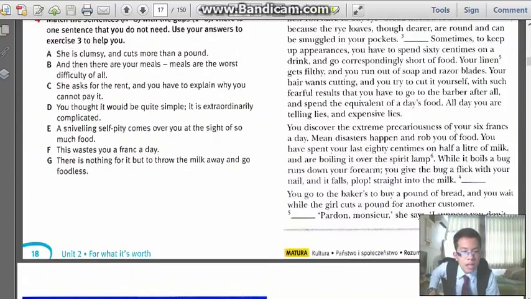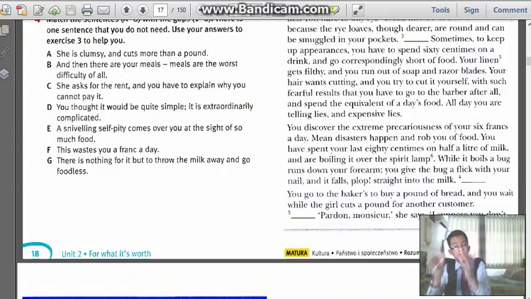The sentence: while it boils, a bug runs down your forearm. You give the bug a flick with your nail and it falls plop straight into the milk. So it mentions milk before the blank. So we will write that down: mentions milk will be going with blank number 4.